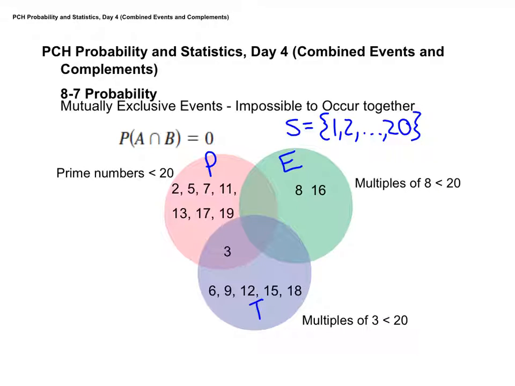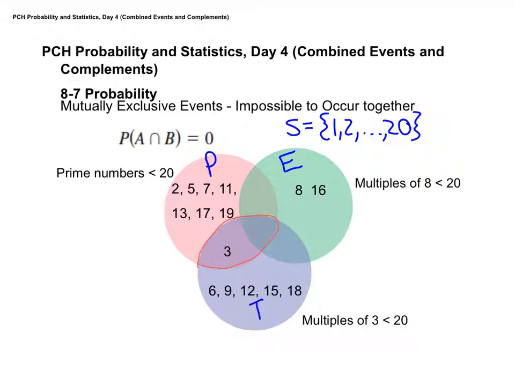And then I have this other set, T, the multiples of 3 less than 20: 3, 6, 9, 12, 15, and 18. You'll notice the 3 is actually in both sets P and T at the same time.